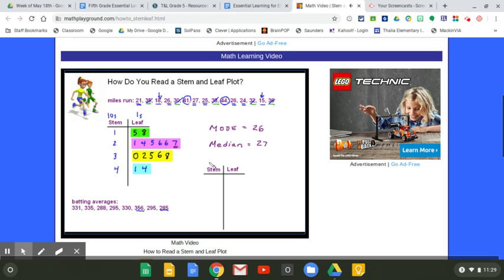Our stem and leaf will still consist of tens and ones. The difference is that our batting averages are bigger numbers, so they have more tens. So let's begin with the smallest number, 285. We can think of this number as having 28 tens.